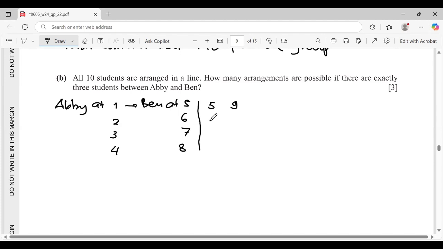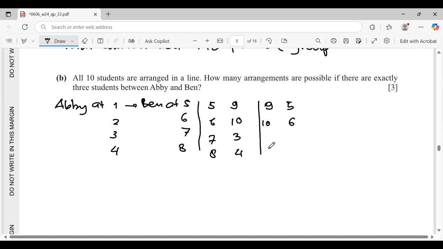If Abby at position 6, Ben is at position 10. If Abby at position 7, Ben is at position 3. If Abby at position 8, Ben is at position 4. If Abby at position 9, Ben is at position 5. If Abby at position 10, Ben is at position 6.